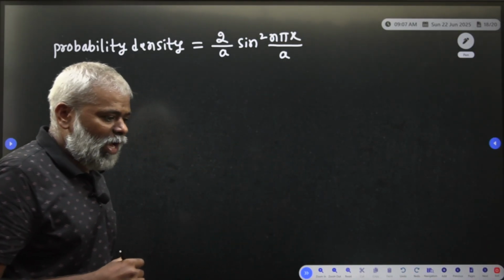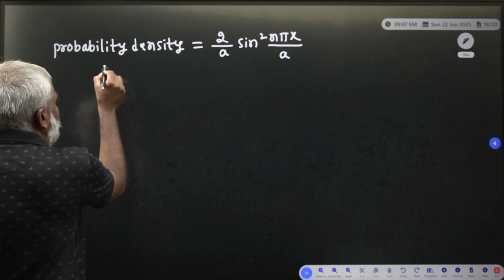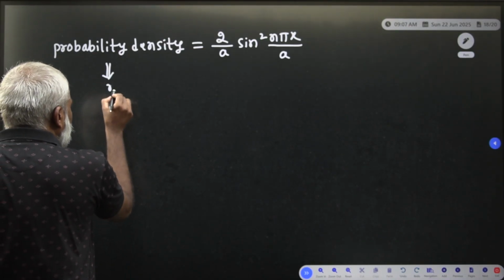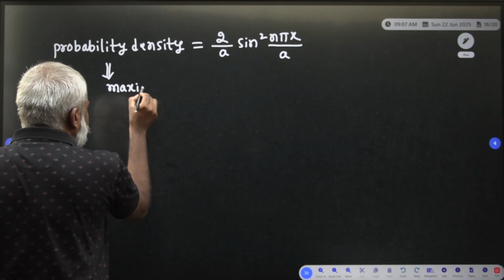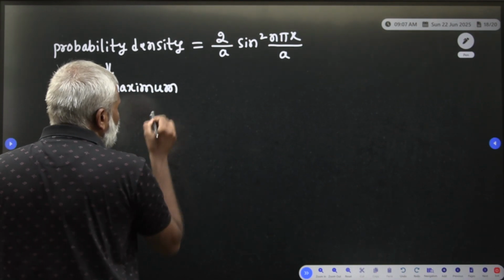When will this probability density be maximum?